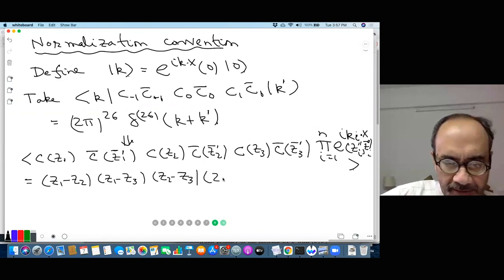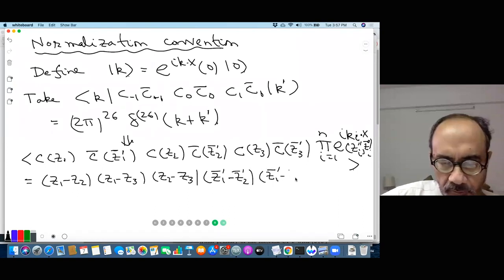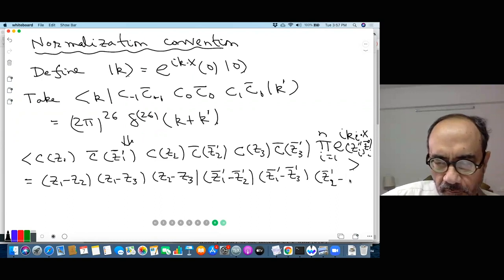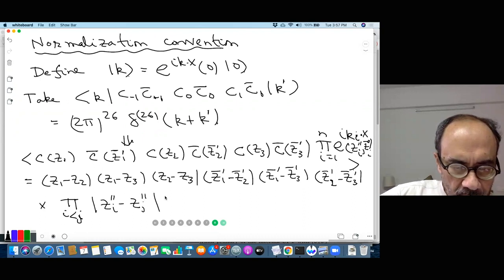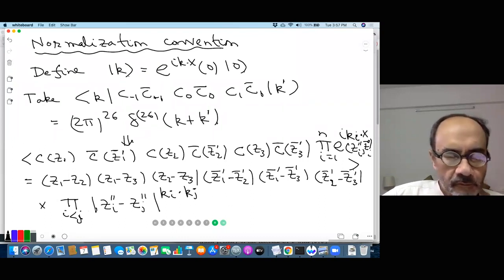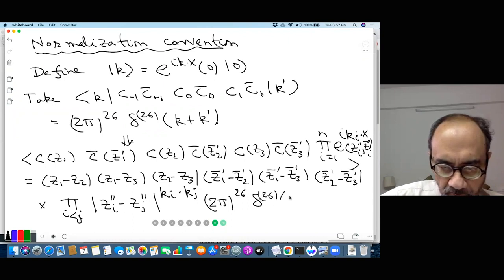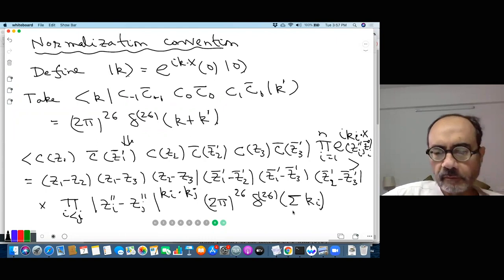So this you can recognize is coming from the c's. And 2 pi to the 26, this is a momentum conserving delta function.